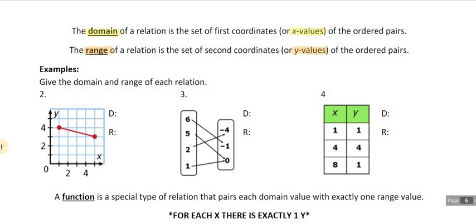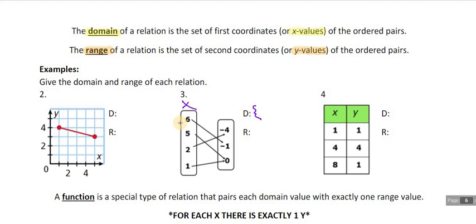So we're going to follow what it has here, and the domain is still going to be that left side, regardless of how the problem is presented. So the domain is the X, and we're going to list out the domain in order from smallest to largest. So we're going to put some brackets here.